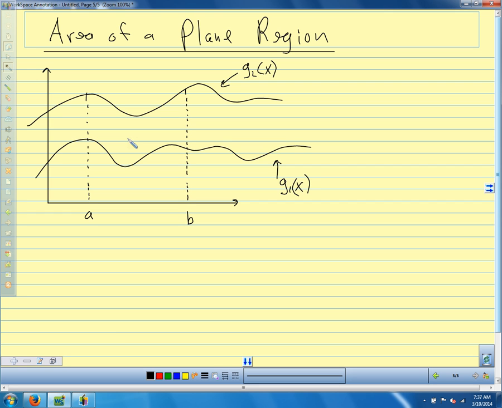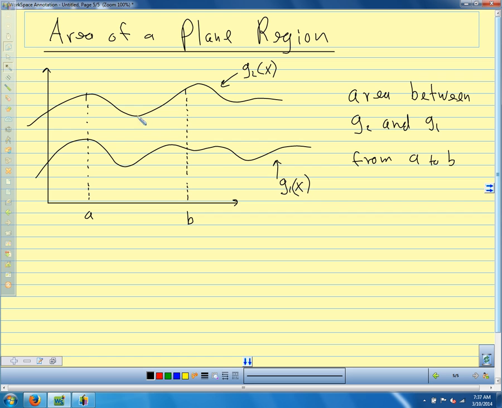But I want to give this interpretation to an iterated integral, to give us something familiar to pin our ideas to, to start out with. So we want to find the area between g2 and g1 from a to b.